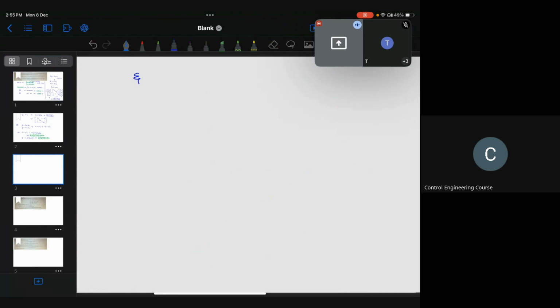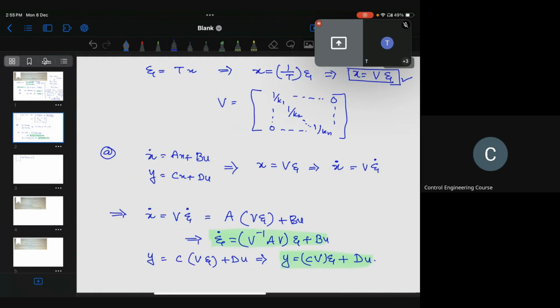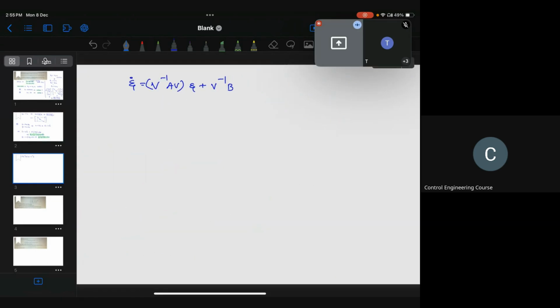So I'm writing them again: the first one is zeta dot equal to V inverse AV zeta plus V inverse Bu. The second equation is y equal to CV zeta plus Du.